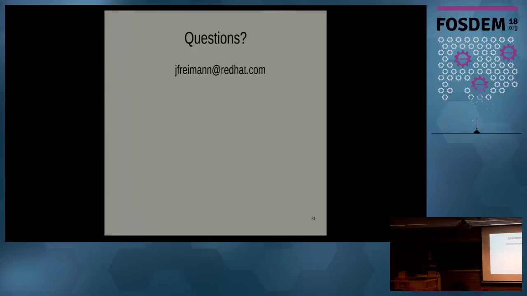So the question was, the implementation of Virtio 1.1 will require changes to QEMU, and what's the timeline for that?